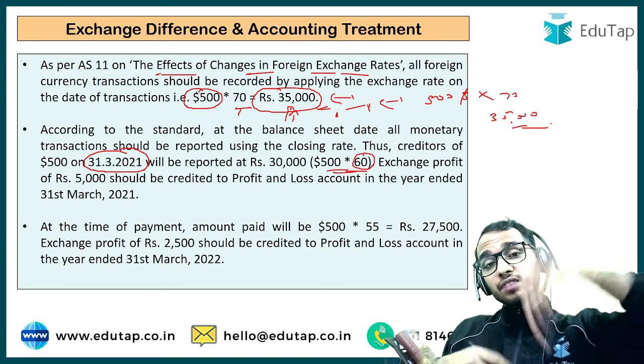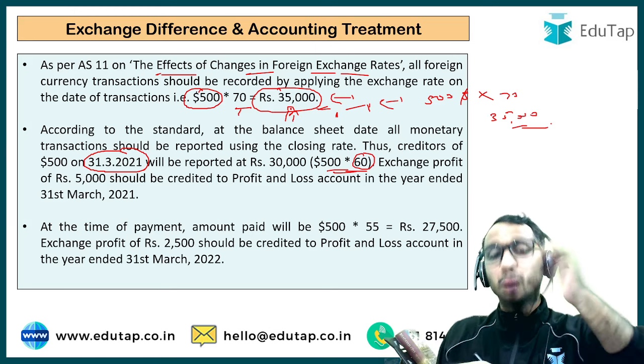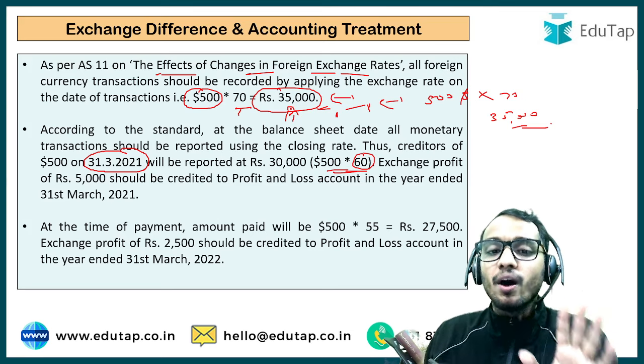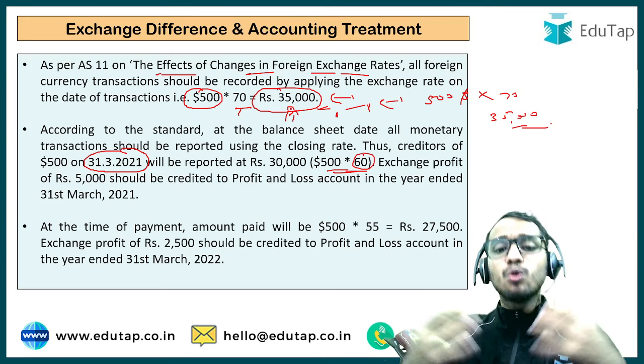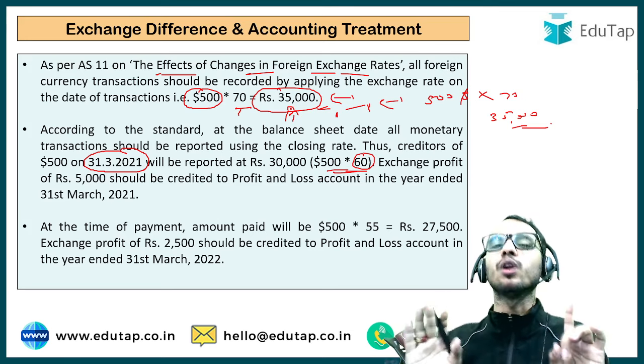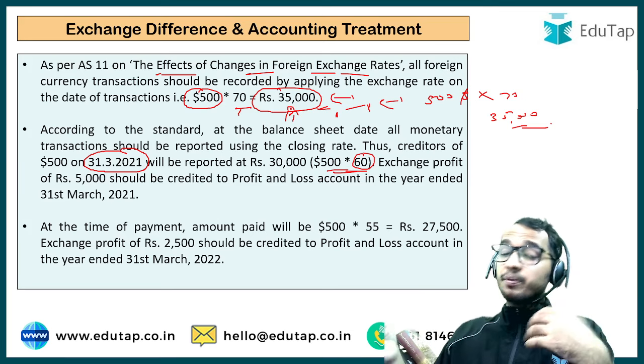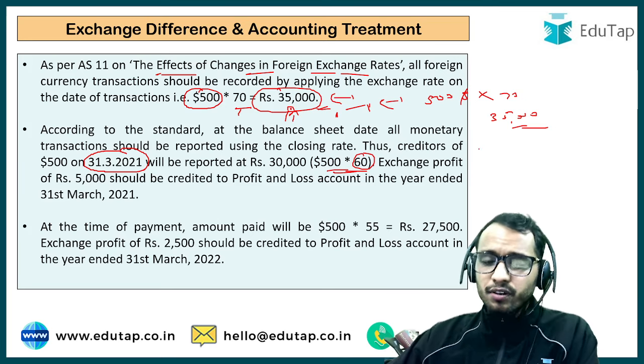But now on 31st March 2021, we don't require 70 rupees for $1. We only require 60 rupees for $1 to exchange our money with the bank. So that means that is our profit. How much profit we are getting? See what is happening here.